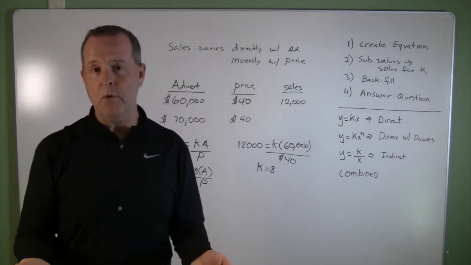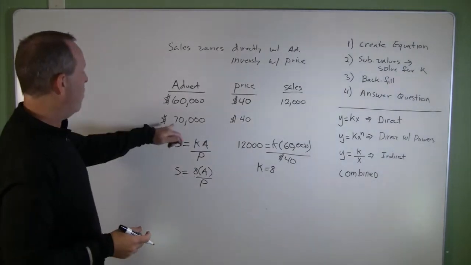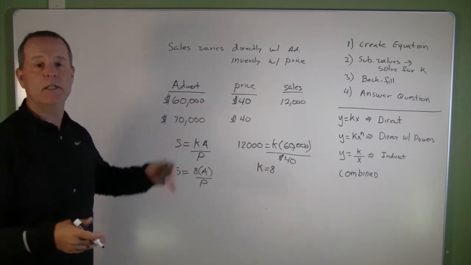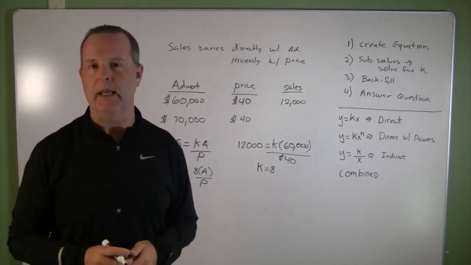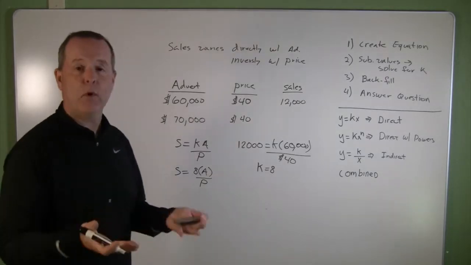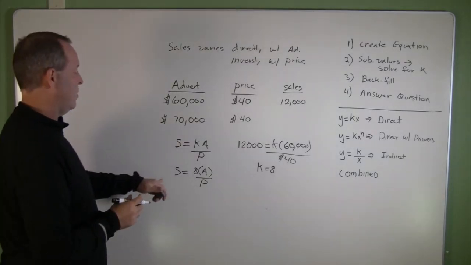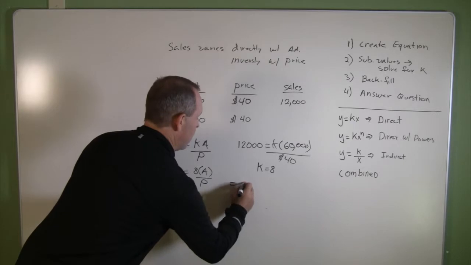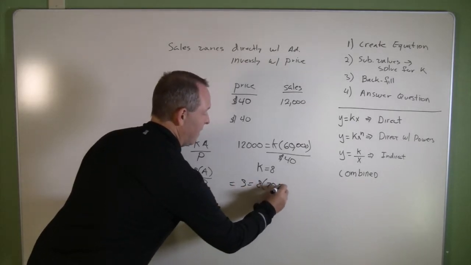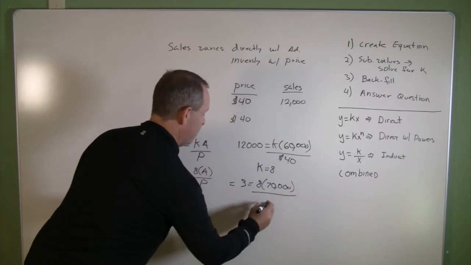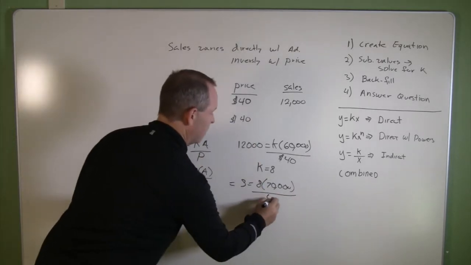So this was helpful because let's say, for example, I want to increase my advertising budget another $10,000. What should I expect for sales to be? It helped me to forecast that that's a good usage of doing that. So my new sales will equal 8 times 70,000 divided by my price point, which is 40.